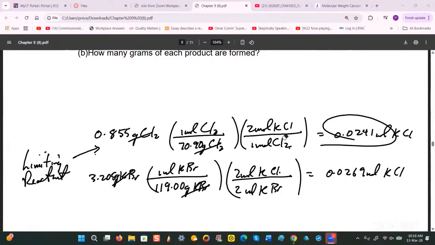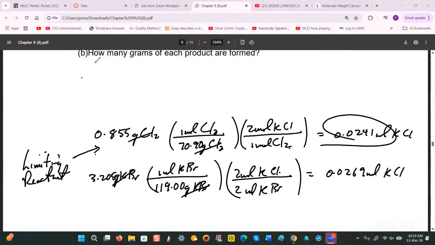Okay, there are 2 products formed. One of them is potassium chloride, the other one is bromine. Of the 2, the potassium chloride can be easily calculated, because we have the moles of the potassium chloride that you expect to be formed here. So all we have to do is convert that to grams.